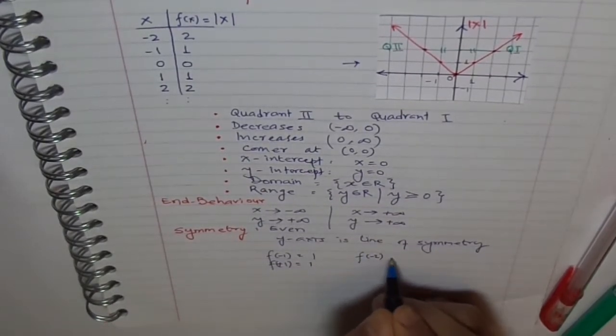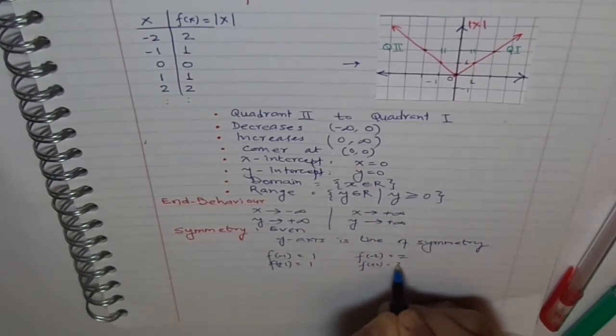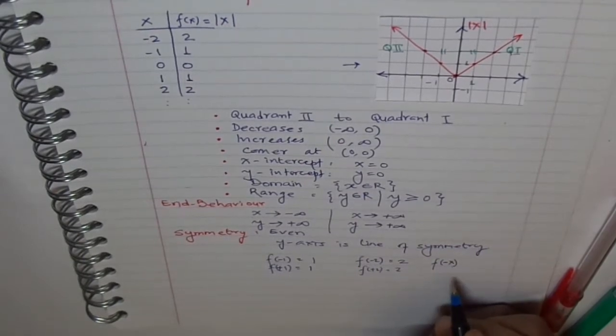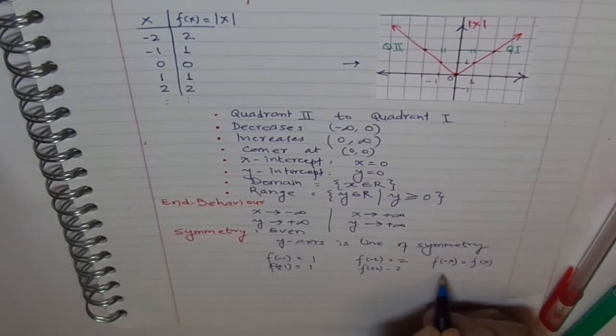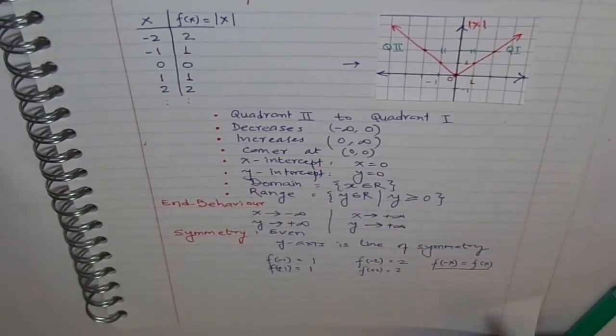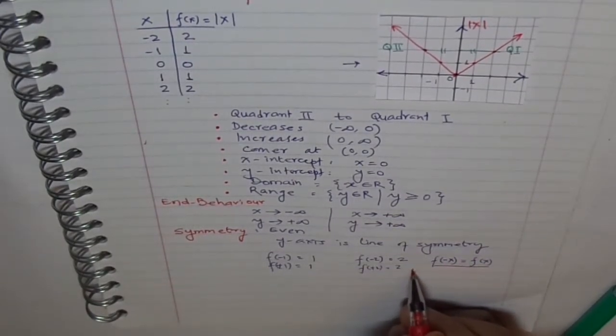Similarly, f of -2 is what? 2. And f of +2 is what? The same number, 2. So what we see is that f of -x for any value in the domain is the same as f of x. And if that condition is met, f of -x equals f of x, then we say the function exhibits even symmetry.